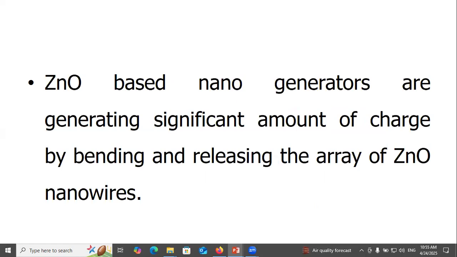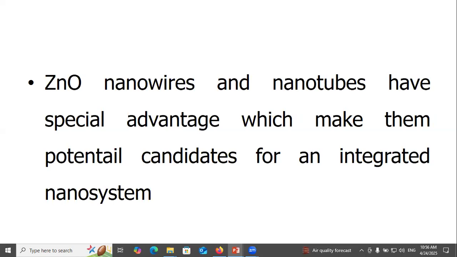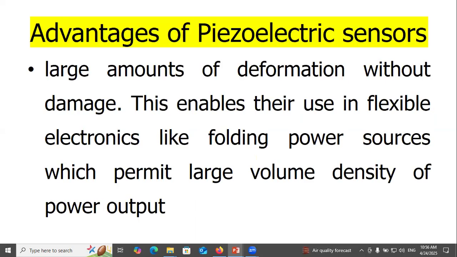Zinc oxide-based nanogenerators generate a significant amount of charge by bending and releasing the array of zinc oxide nanowires. Zinc oxide nanowires and nanotubes have special advantages which make them potential candidates for an integrated nanosystem.